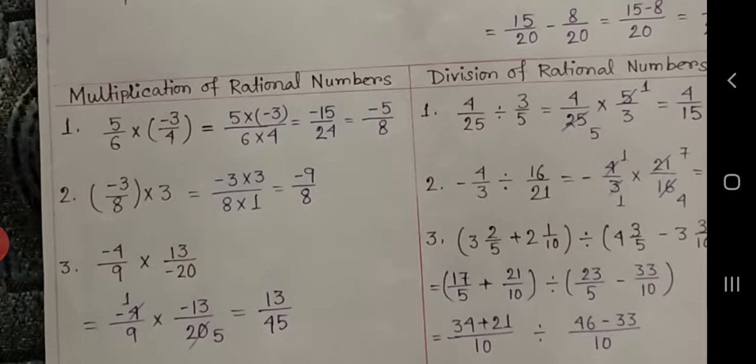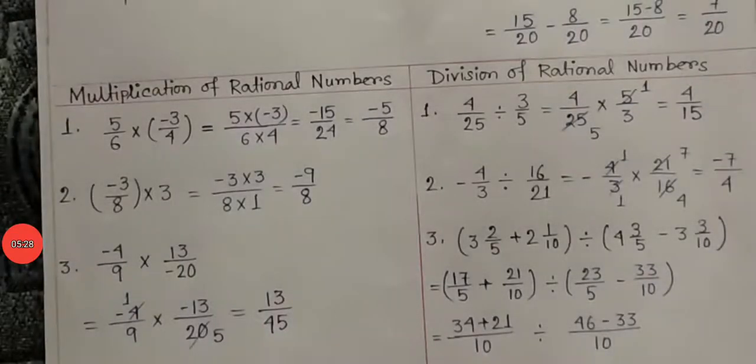So, to multiply the rational numbers, we shall multiply the numerator, one numerator with other numerator and the denominator with other denominator. You can see here the numerator is 5 into minus 3 and denominator is 6 into 4, and got the result minus 15 by 24, and this is divisible by 3.